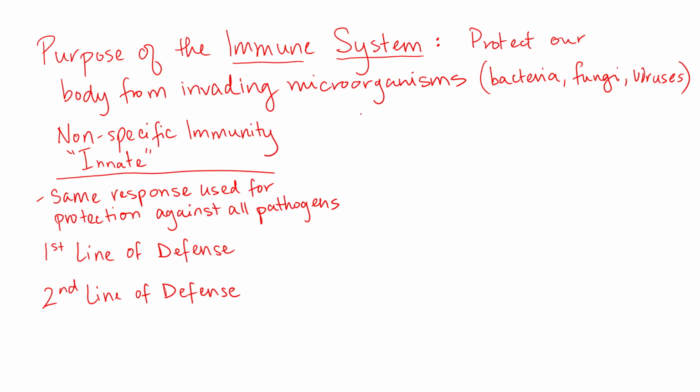Let's contrast nonspecific immunity, or what we call innate immunity, with the second branch of the immune system, which we call specific immunity, also known as adaptive immunity.